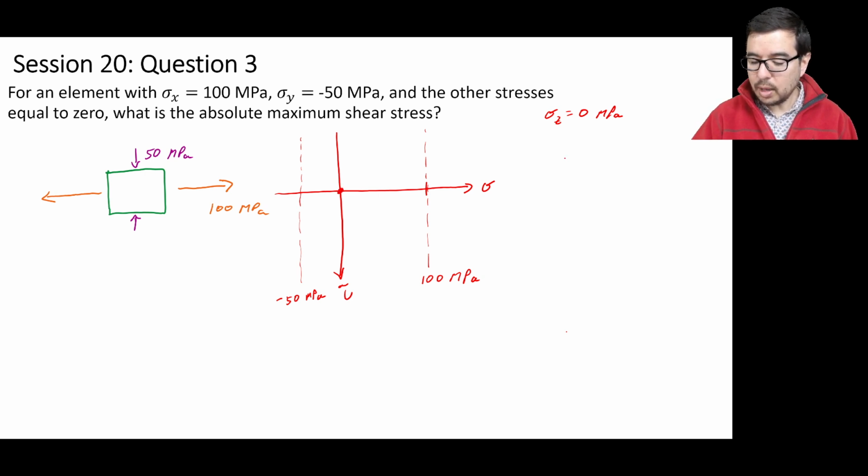So in reality, we were given a state of principal stress where sigma 1 is 100 megapascals. Sigma 2 is equal to minus 50 megapascals, and sigma 3 is equal to 0.